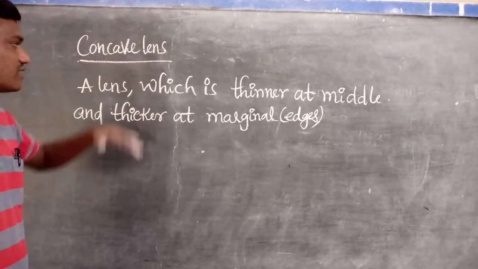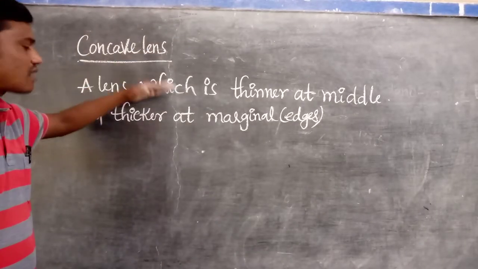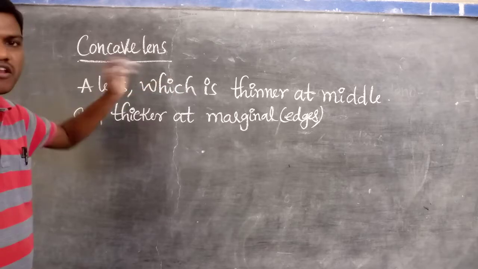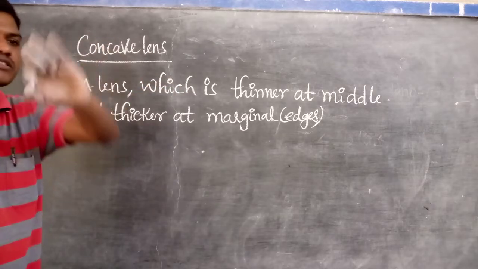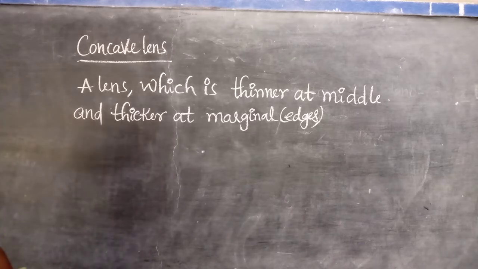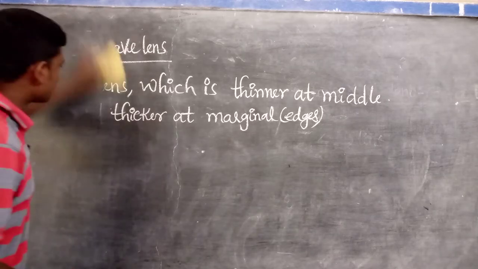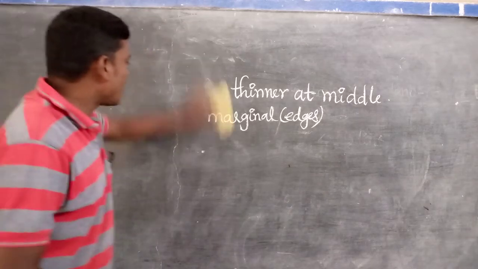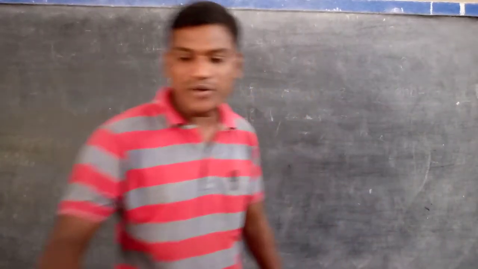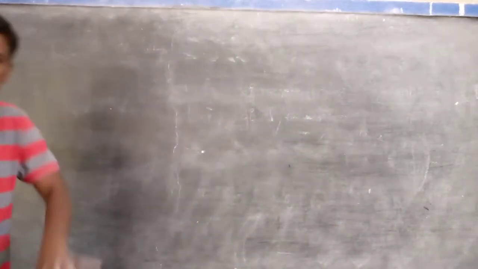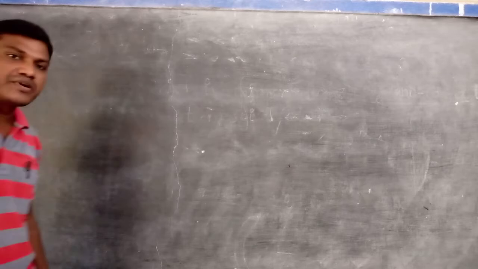But the lenses either convex or concave, this lens's refractive index must be greater than the refractive index of the surrounding air. So generally we know I said that lenses are made up of glass. What is the refractive index of the glass? 1.5. What is the surrounding air? We know that surrounding medium means air is the surrounding medium. Surrounding air, we know that its refractive index is 1.